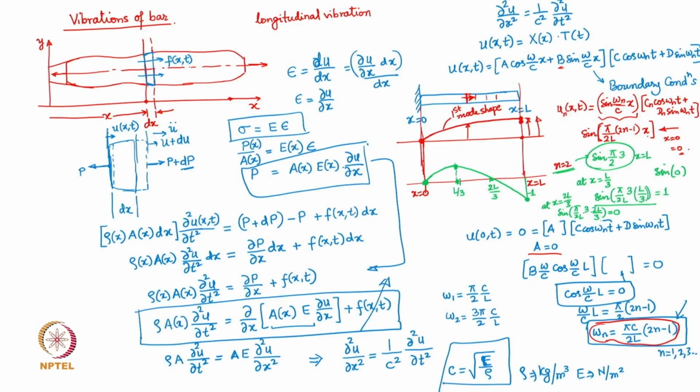So the bar is going to have maximum axial deformation at this point while vibrating in the second mode, and will have a 0 displacement or a 0 deflection at 2L by 3 position, and will have maximum deflection again at its free end, but the deflection here and deflection here are going to be in the opposite sense, which means at one end there will be compression, the other end there will be stretch. This is how the second mode shape is going to look like. So this is its second mode shape.